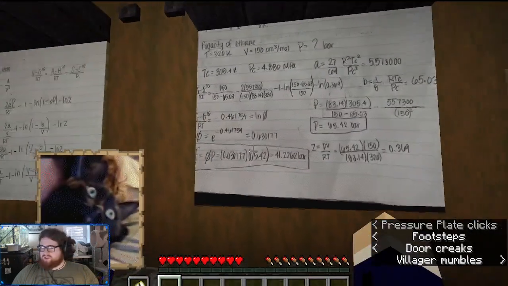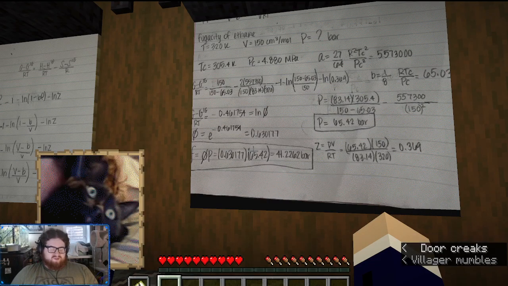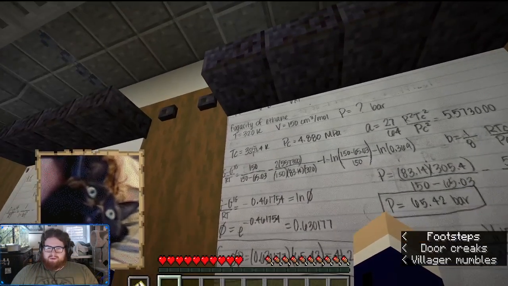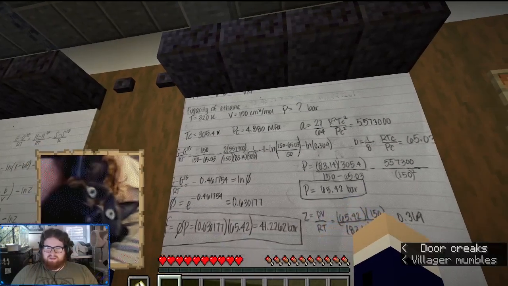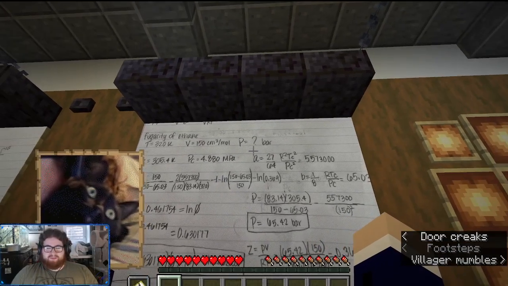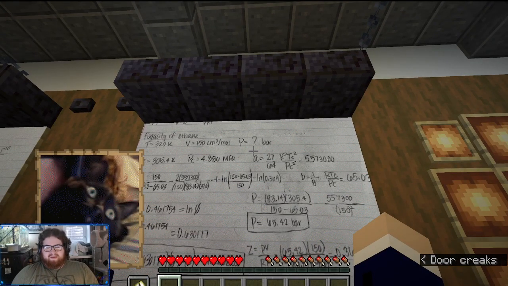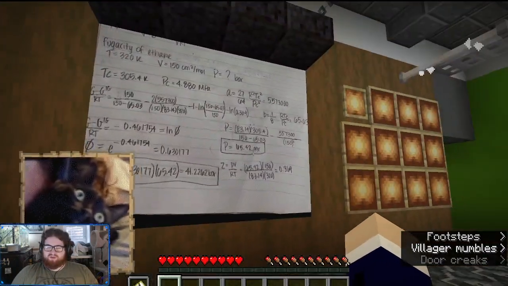All right, so now we're moving on to the rest of 9.5. We have our givens up here, where we've been given T, V, Tc, Pc, and we need to find pressure. So we'll start by finding a few different things that are in the previous equation.